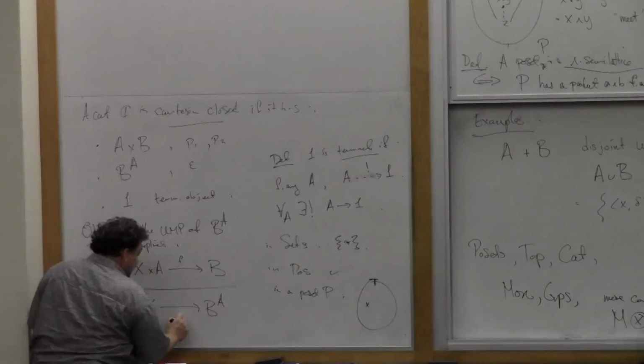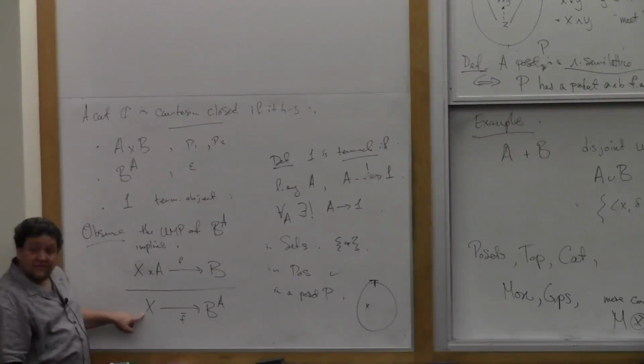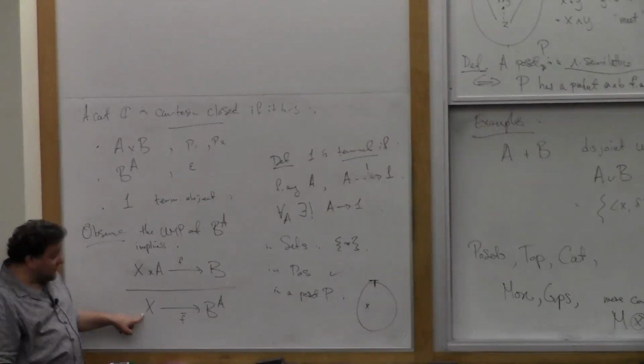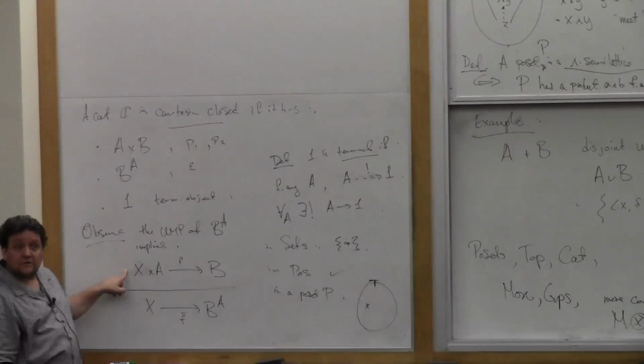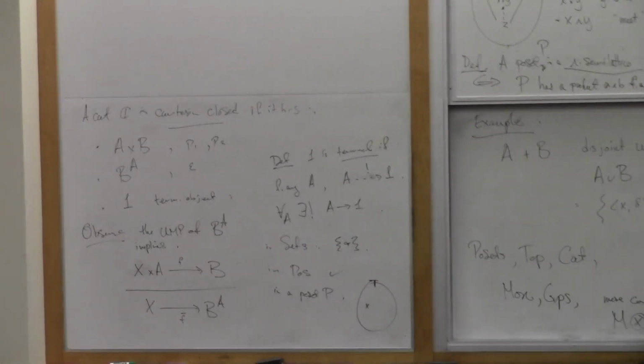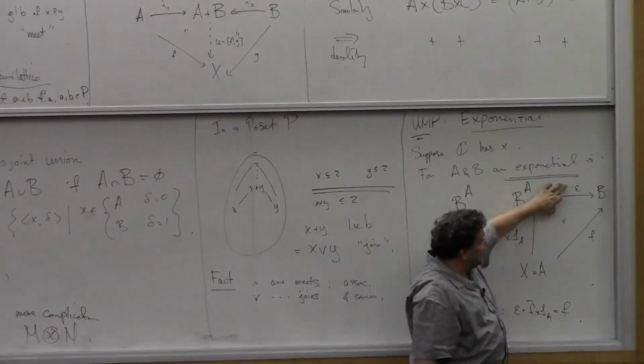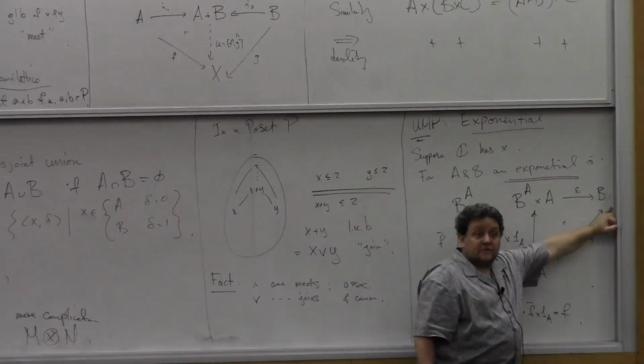Given F, there's a transpose like that. However, anytime I have a map like this, some G here, I can cross it with 1A and compose with evaluation and get a map over here.